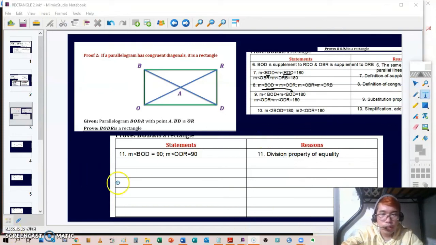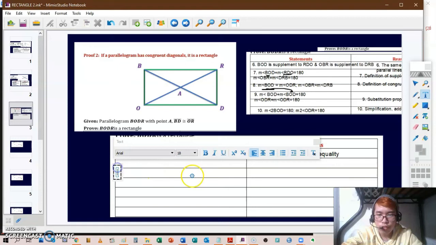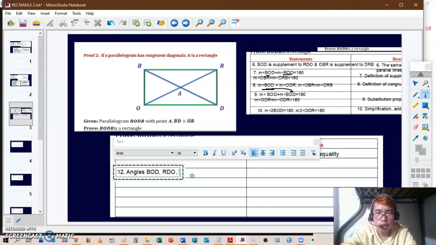So therefore we can conclude here on number 12 that angles BOD, RDO, DRB, and RBO are right angles.